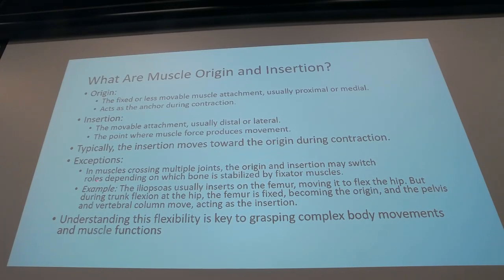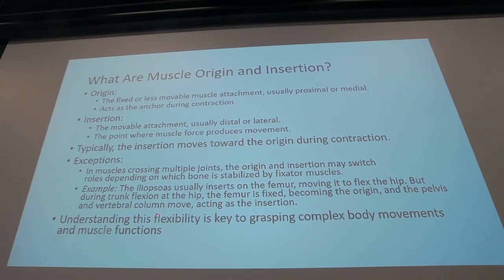So some exceptions will be when muscles cross multiple joints. Like for instance, the iliopsoas that inserts in the femur, moving it to flex the hip like this. And it produces trunk flexion at the hip while the femur is fixed.